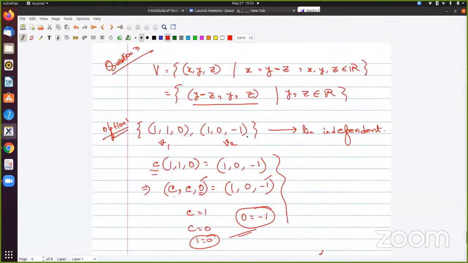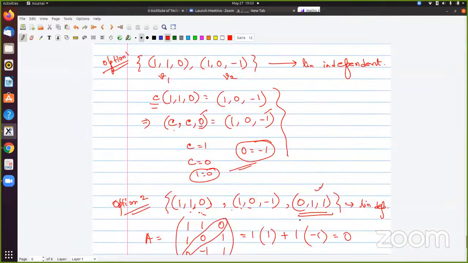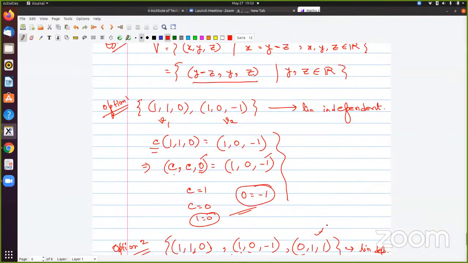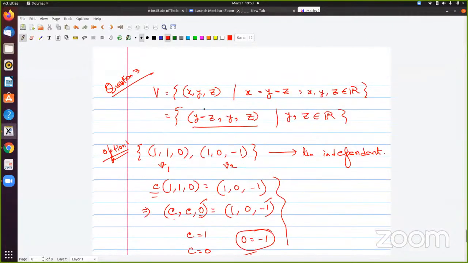All these 3 vectors are coming from this vector space, but from it, how can you say whether these 3 are dependent or independent? This whole thing is a vector, not only y, z are vectors. This is something like 1, 2, 3 type of thing. Correct.